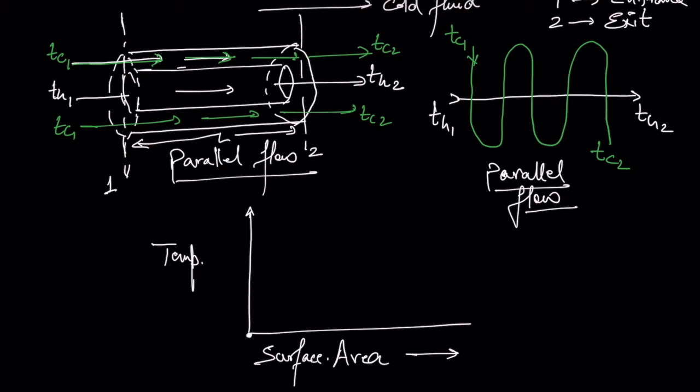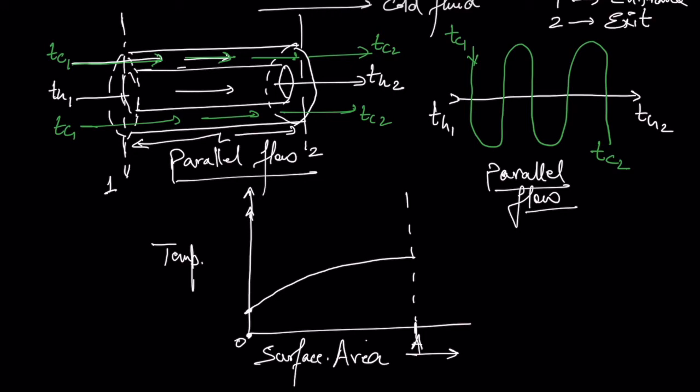Okay, so if you draw the temperature lines, suppose this is length L, covering total area A. The dotted line is the exit, and the origin is the entrance. So the temperature of the cold fluid at the entrance is somewhere here, and at the exit it will rise, so it will be like this.